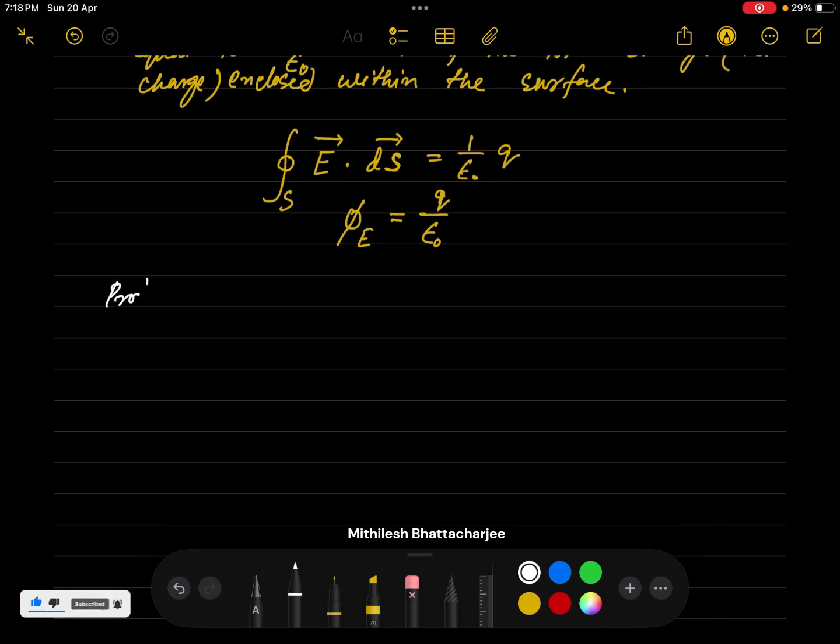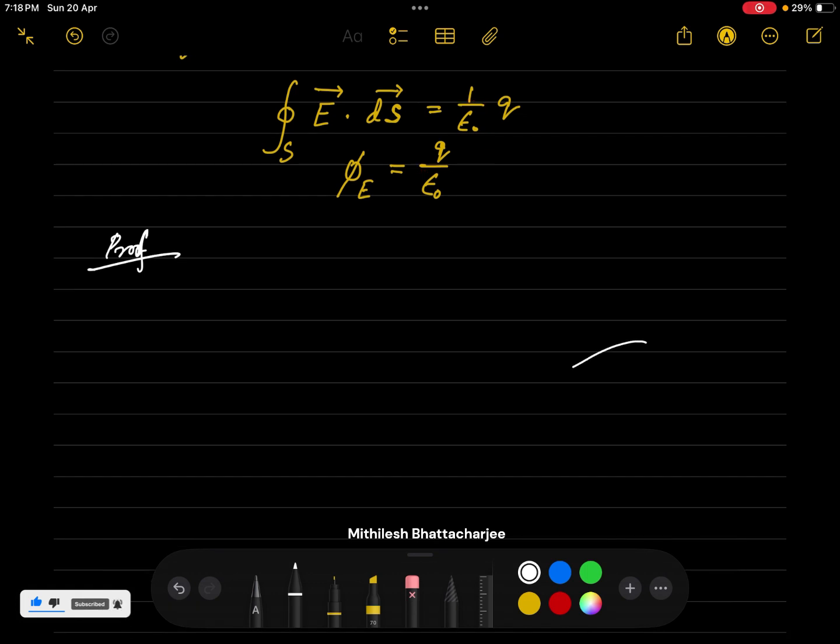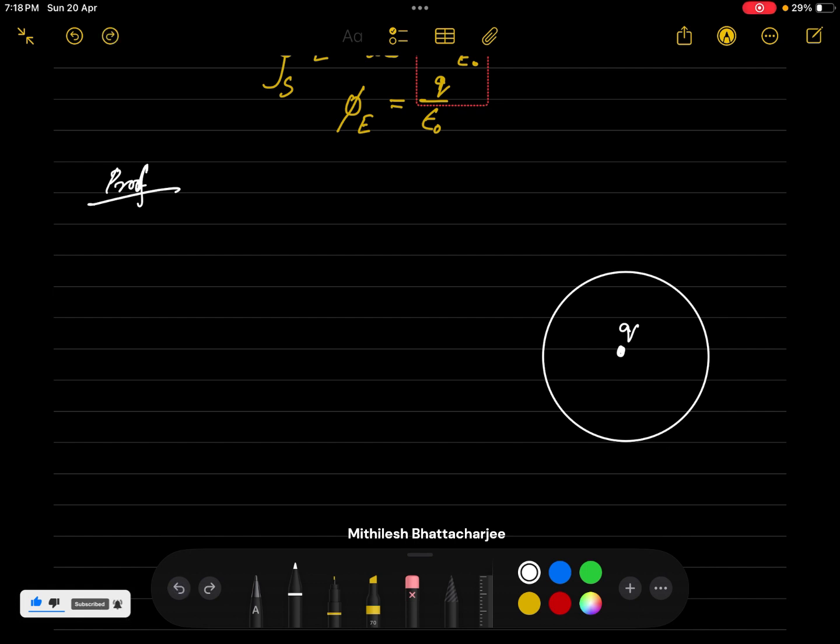Now, write the proof. This is the charge q, and we consider the hypothetical closed surface of radius r, and the electric field is E. Consider an isolated point charge, plus q, put at the center of a sphere of radius r, and the sphere is considered as the Gaussian surface.